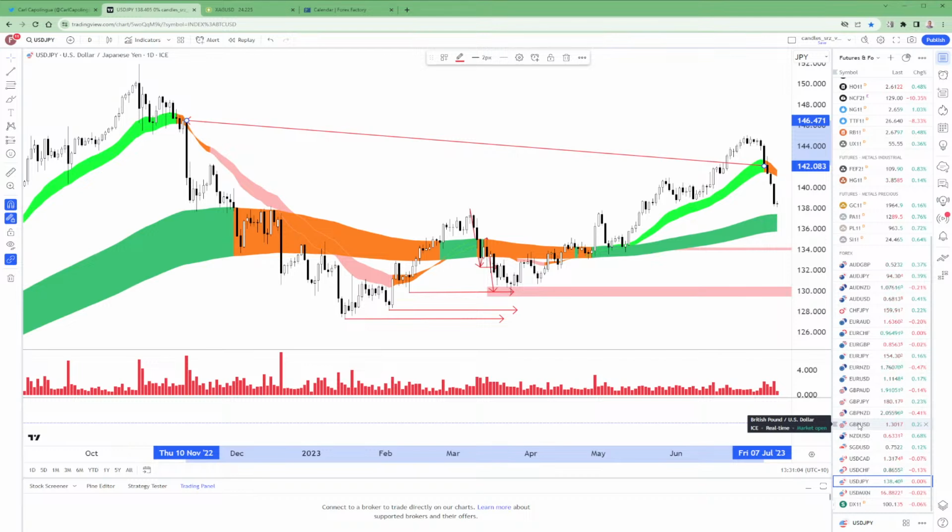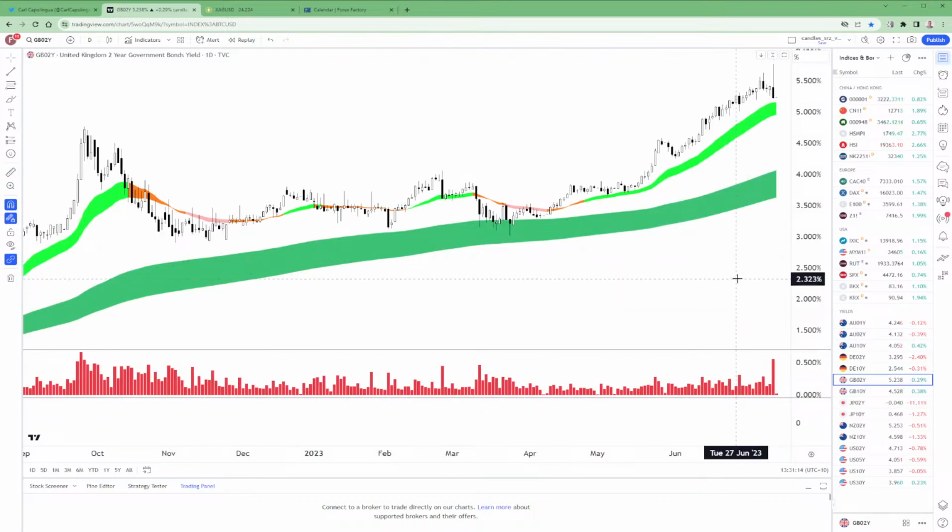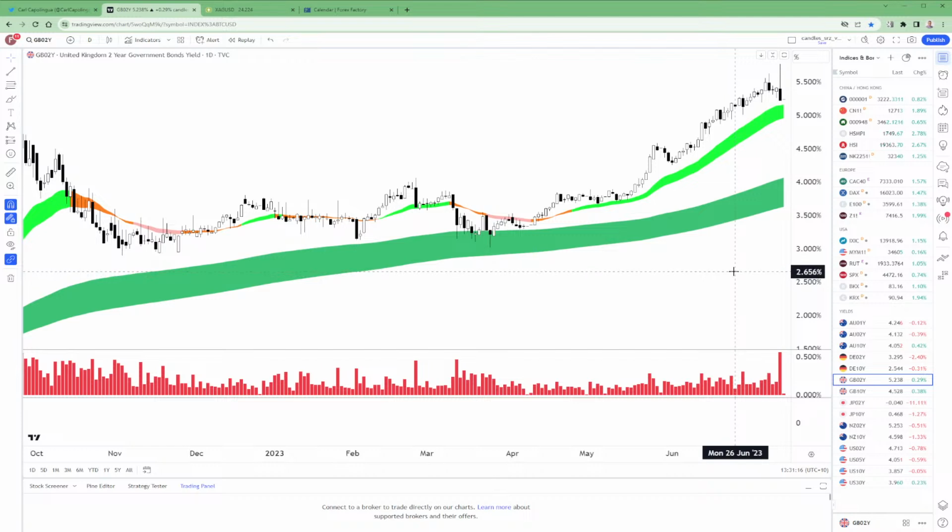So we know that when it comes to the interest rate outlook, Perry, you know this as well, because I'm sure on your TradeView window you've set this up also. We do know that the UK bonds, until last night actually, and it's worth talking about. This is something you need to consider, Perry. Maybe the pound might not be the best way to go because of the severity of that reversal candle there.